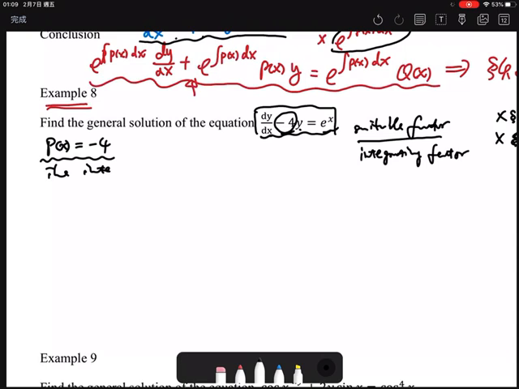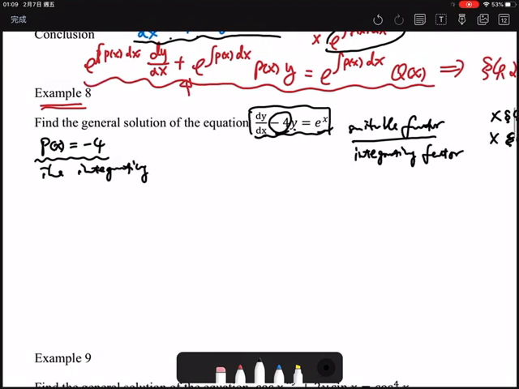So the integrating factor is e to the power of the integral of P(x), so we integrate negative 4.